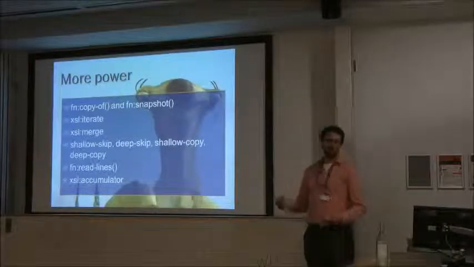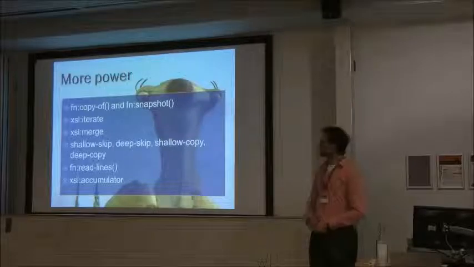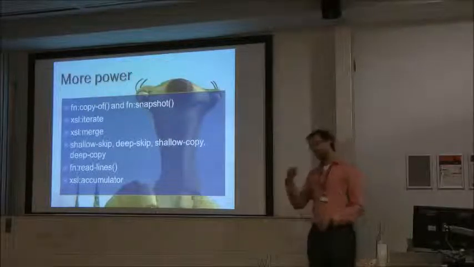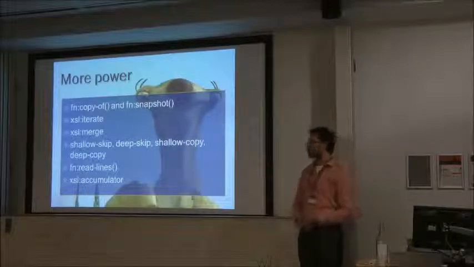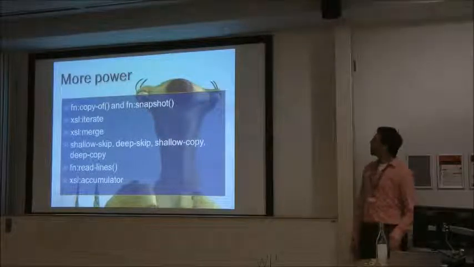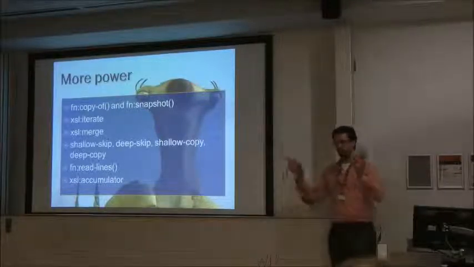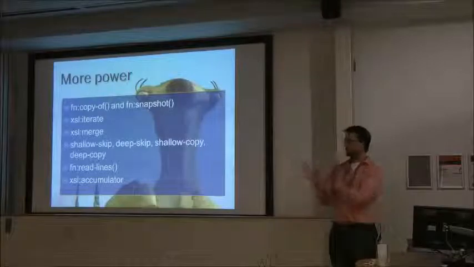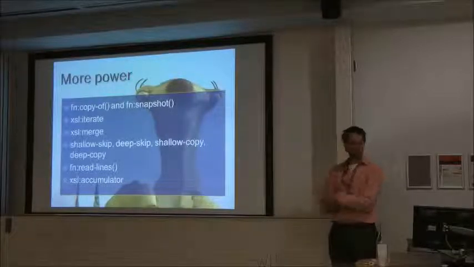But suppose we were looking for the same John, as in the previous example. When you find John, you can just bail out and stop processing. Merge is an instruction to make it possible to take two documents or two nodes and merge them together in a streaming way.